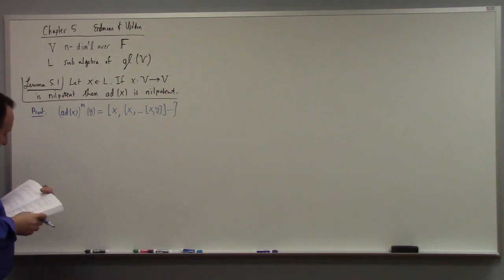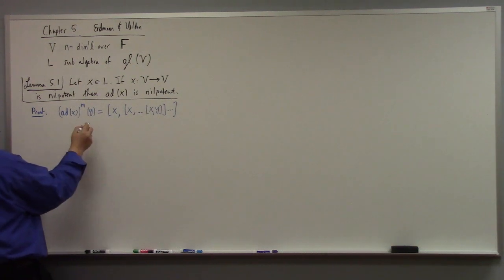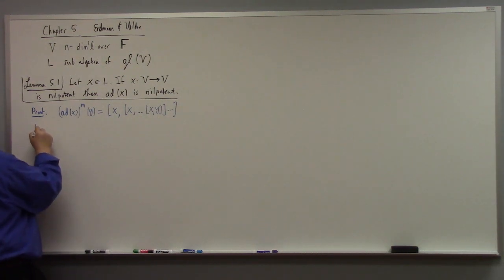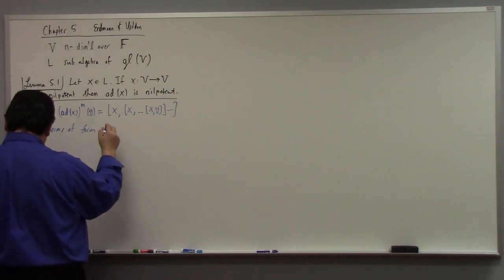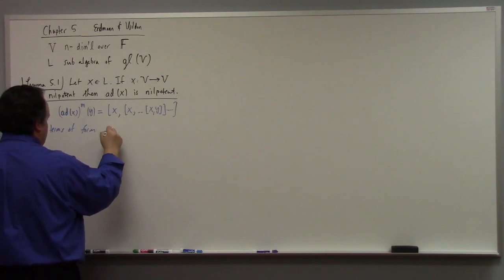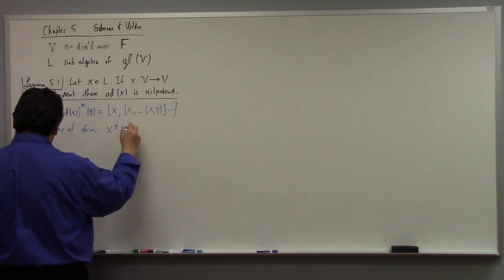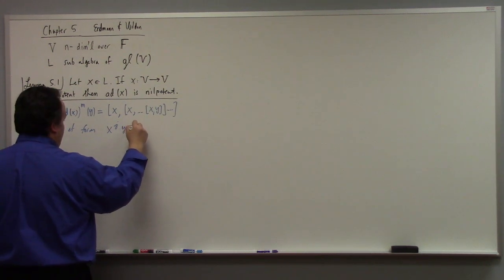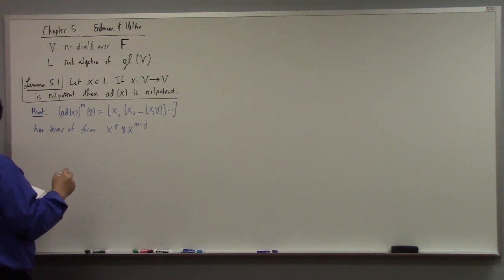And he says every term in the resulting sum is of the form X to the power j, Y, X to the m minus j, for some j between 0 and m.